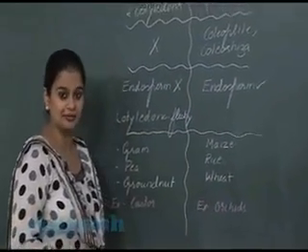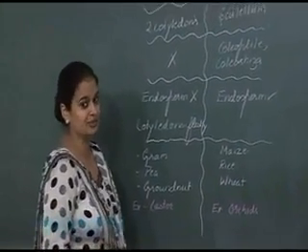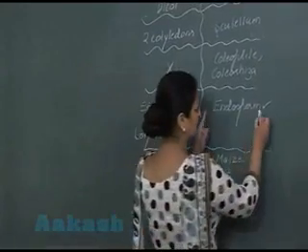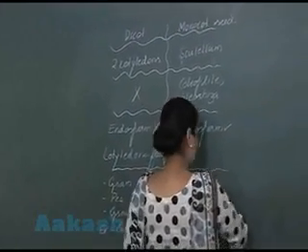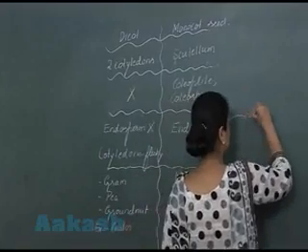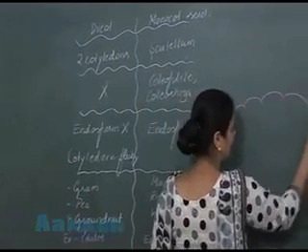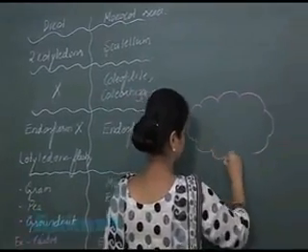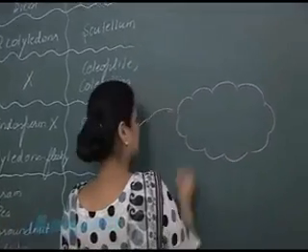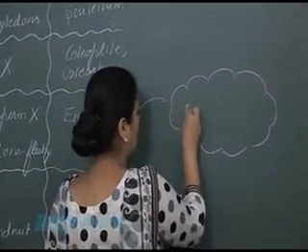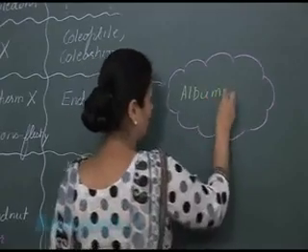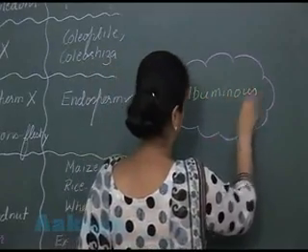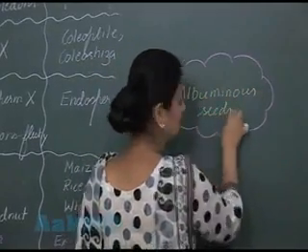If endosperm is present in the seed, such seeds are known as endospermic seeds, or you can also call these seeds albuminous seeds.